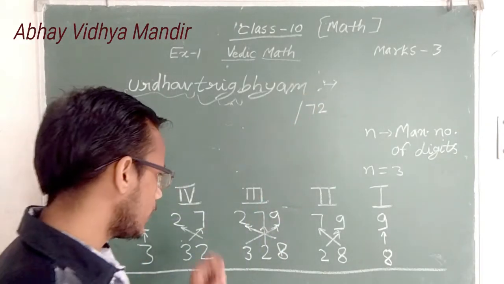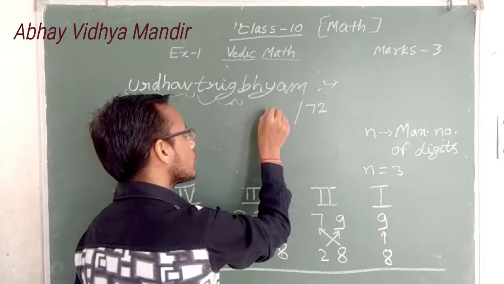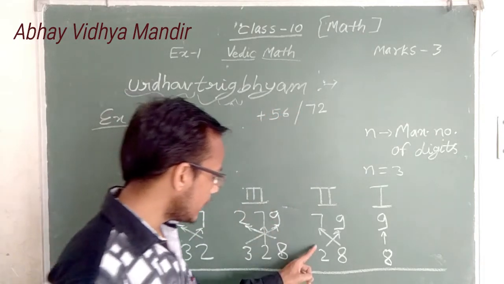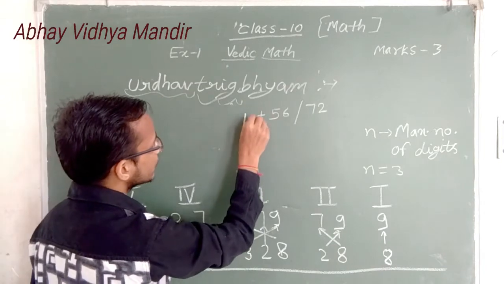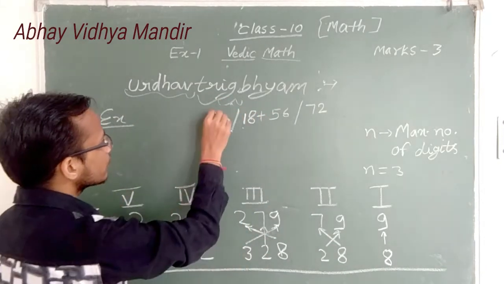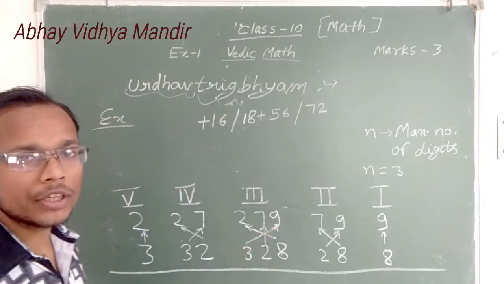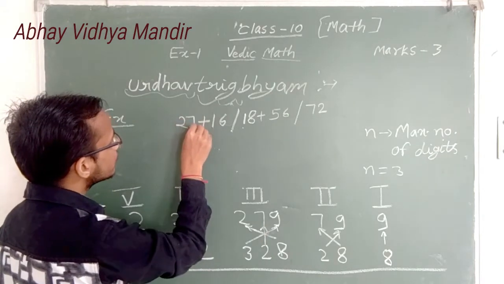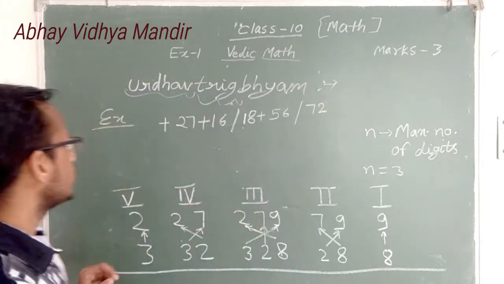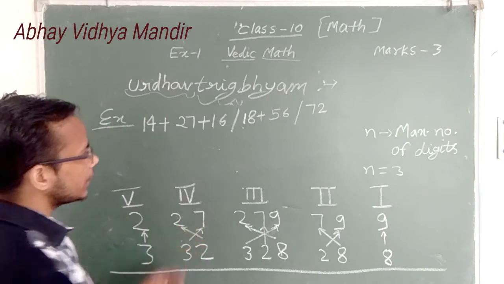Then 8 multiplied with 7 is 56, then plus 9 into 2, 18, then oblique. 8 into 2, 16, then plus 3 into 9, 27, then plus 7 into 2, it's 14. And then draw again an oblique line.